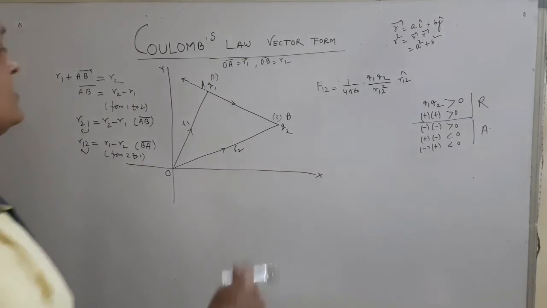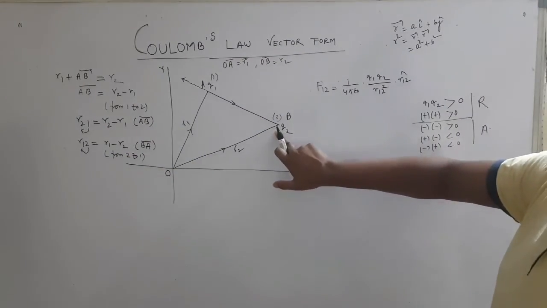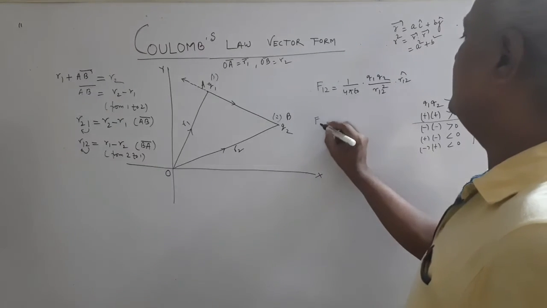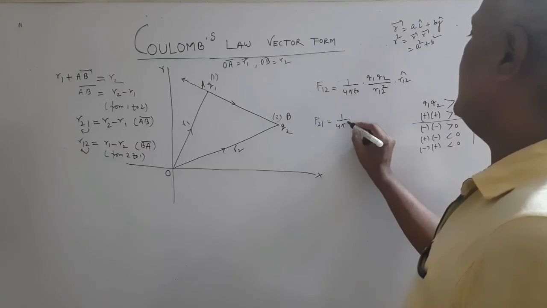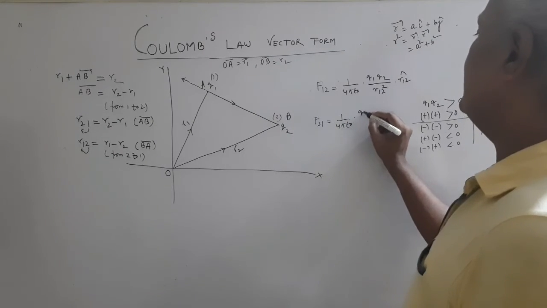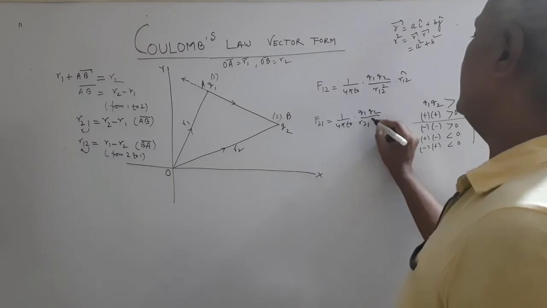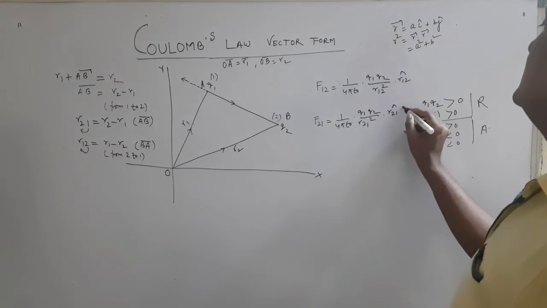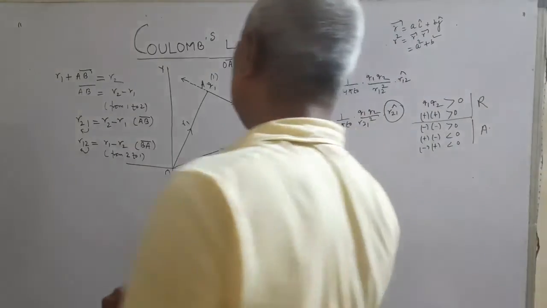Now in the same way, the force experienced by this charge due to this will be F21, which is 1 over 4 pi epsilon naught. The magnitude will remain as it is, R21 square, but the direction will be R21 i cap. This is a unit vector, meaning its magnitude is just 1, but the sense of direction is from 1 to 2.